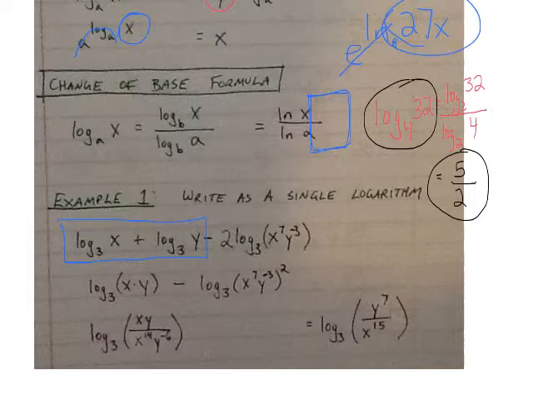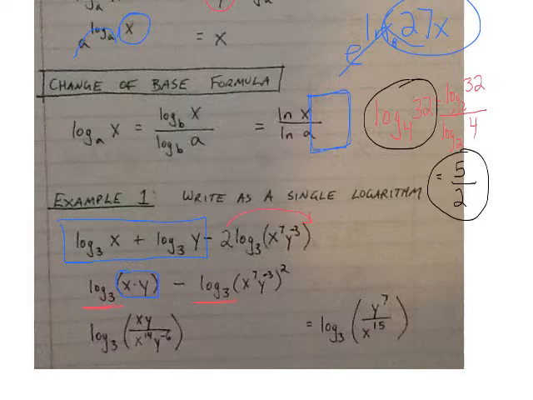So the log base 3 of x plus log base 3 of y becomes log base 3 of x times y. And then for the third logarithm, I'm going to take the 2 and express it as an exponent. The reason I did that is so then I'm in the form of having two logarithms again, which I could combine into a single logarithm.